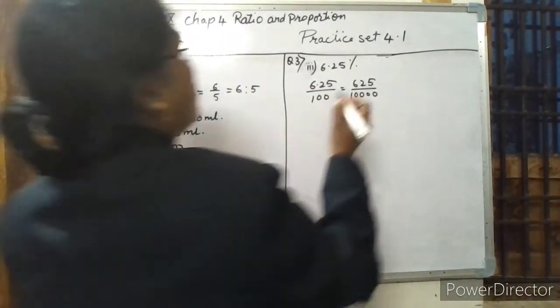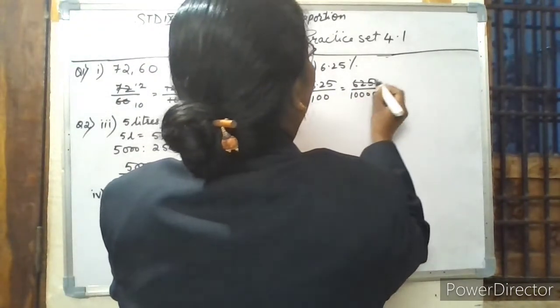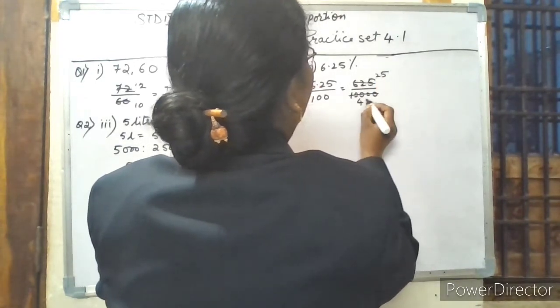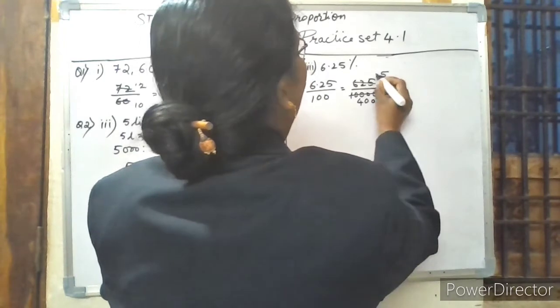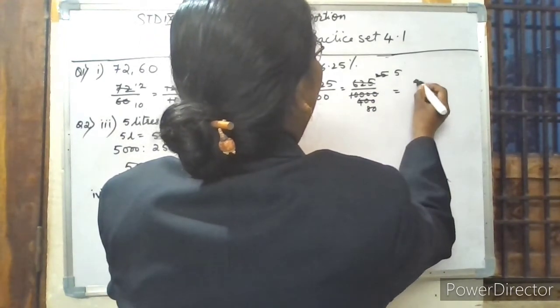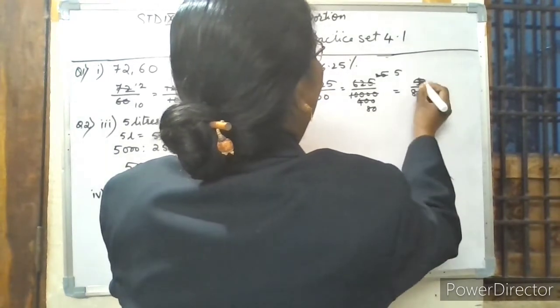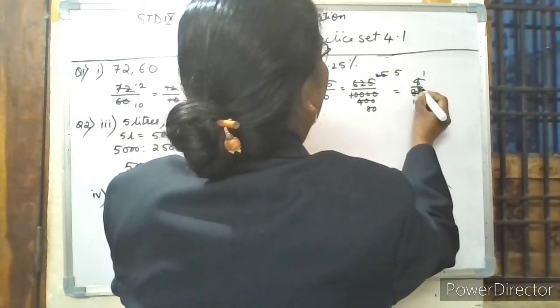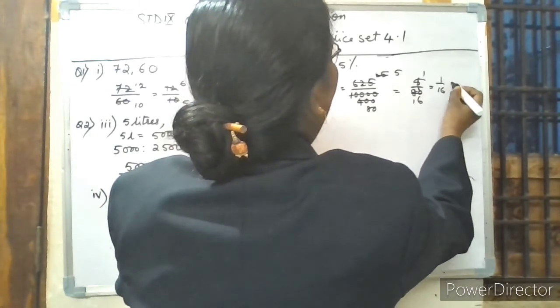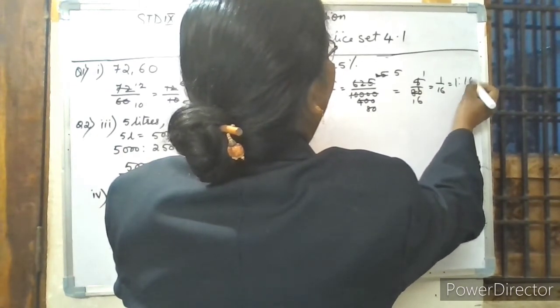So here we get 625 by 10000. 25 twenty-fives are 625, 25 fours are 100, the zeros left. 5 fives are 25, 5 eights are 40, that is equal to 5 by 80. 5 ones are 5, 5 sixteens are 80, that is equal to 1 by 16, and that is equal to 1 is to 16.